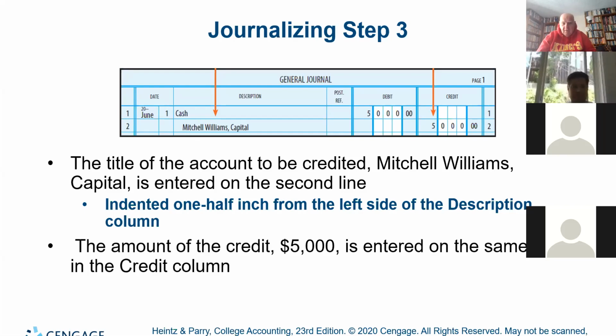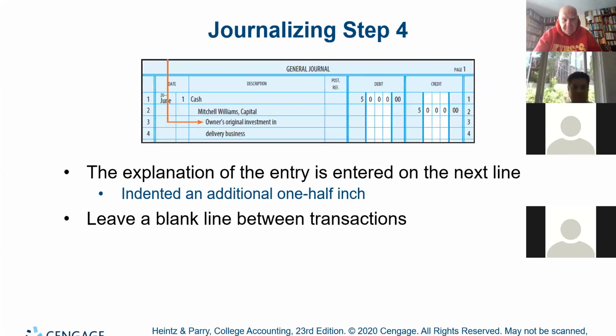It's another way that allows readers, auditors especially, to go through your information pretty quickly. If you don't do that, it's just a mishmash of line after line after line. This breaks up each entry into more readable formats. So that goes in the credit column.